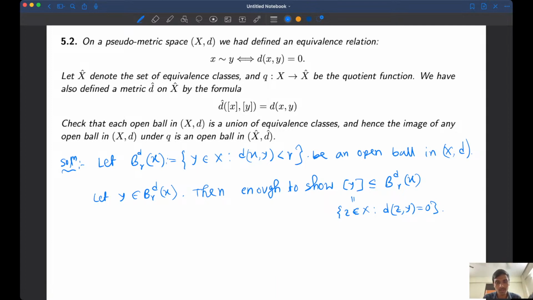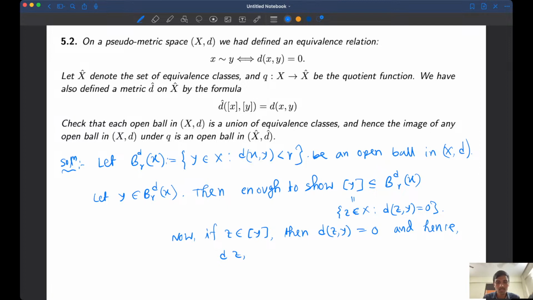If z belongs to the class of y, then d(z,y) is 0, and hence to show that this z belongs to the ball, I have to calculate the distance between z and x.